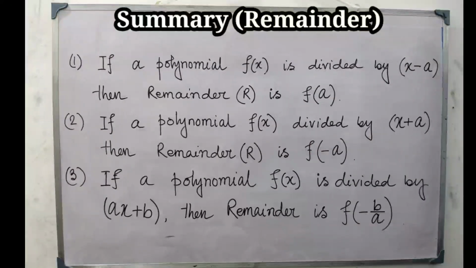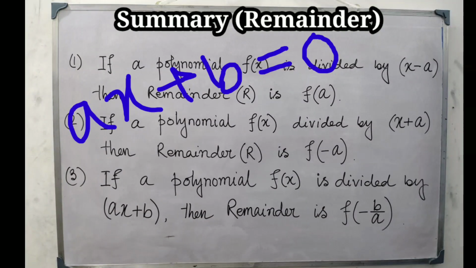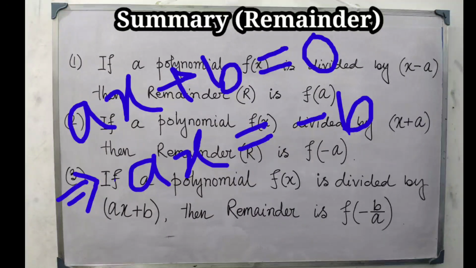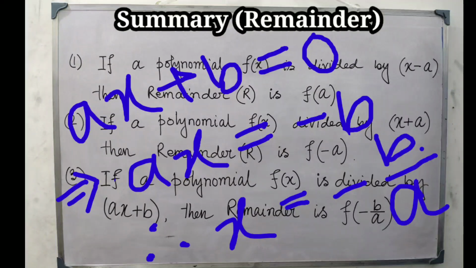And for the third one, if a polynomial f(x) is divided by ax plus b, here divisor is ax plus b. So what you have to put in the place of x, you will get by considering ax plus b equals to 0 on your rough page. So if you consider ax plus b equals to 0, then x equals to minus b by a.